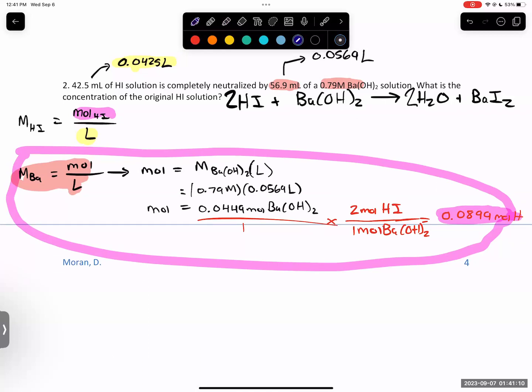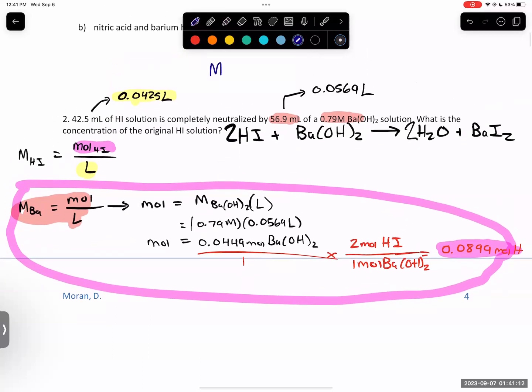All we do now is we're going to go up here to the top. Molarity of that HI solution, the initial one, is going to be the moles of HI that were in there divided by the liters of that solution, the original solution, not the combination of the two volumes.